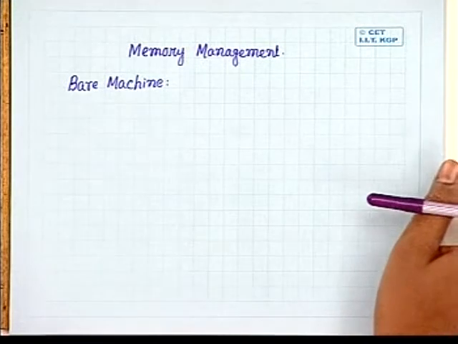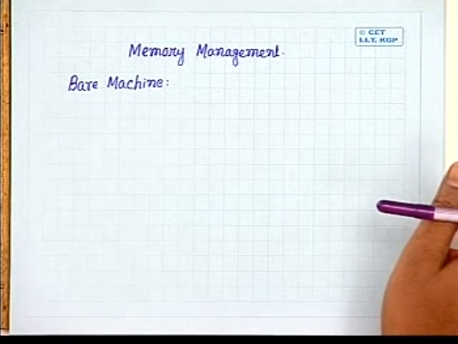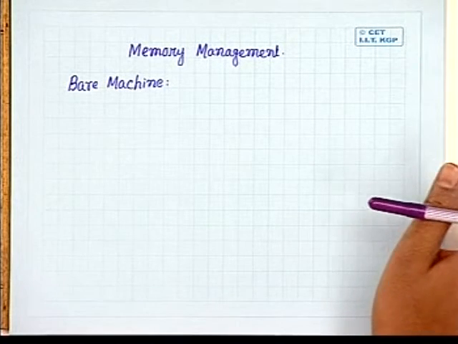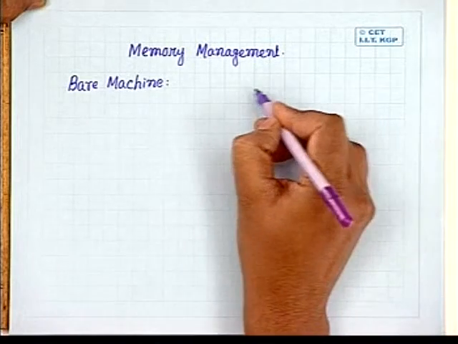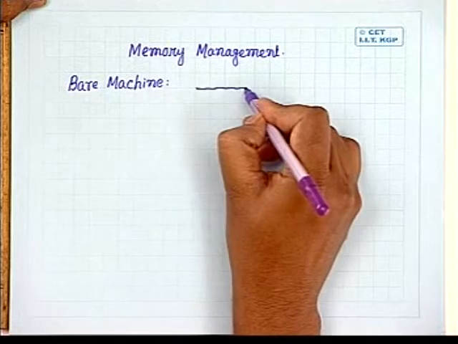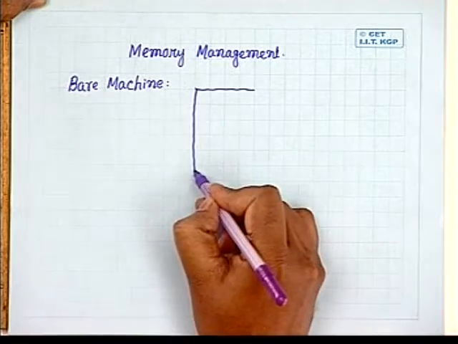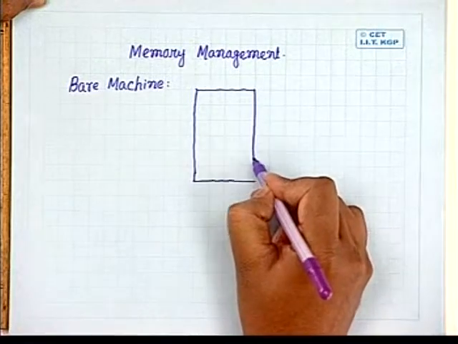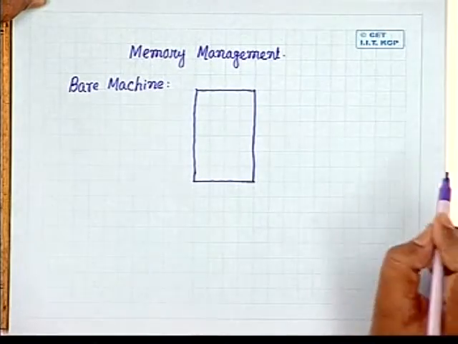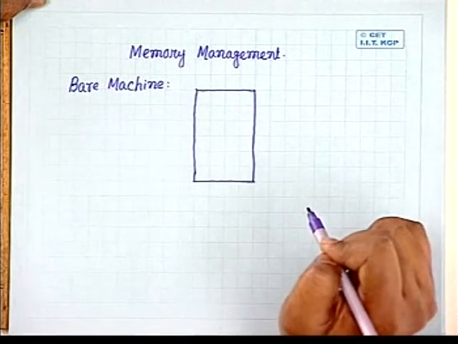Whatever tasks will be handled by that system, or the management of all those tasks, will be decided by the designer himself. That means the memory model used in such a bare system is a blank memory. There is no operating system preloaded in the system. So this entire memory is now available to the designer.